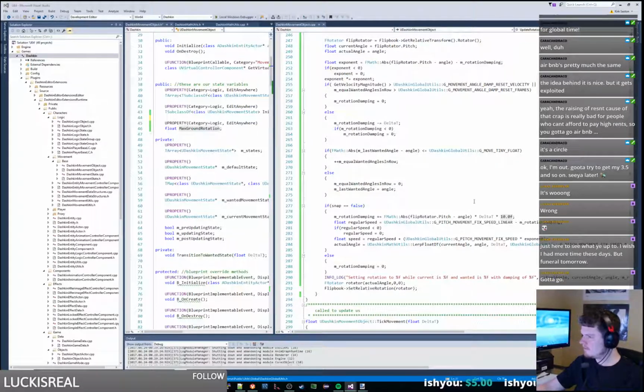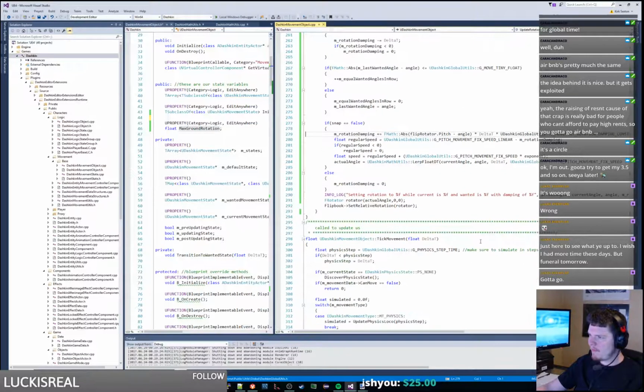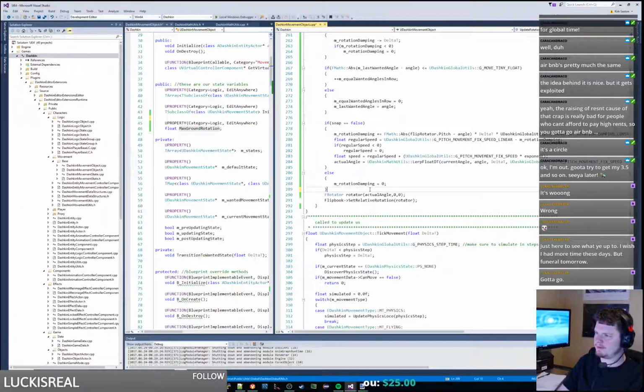So static, const, float. Yeah, let's get rid of that.